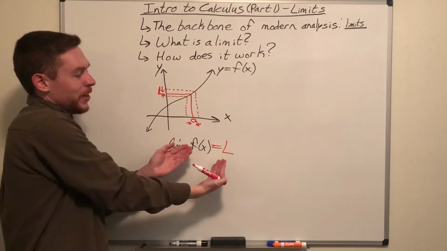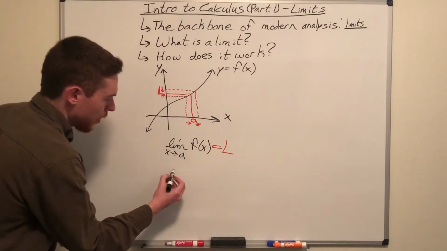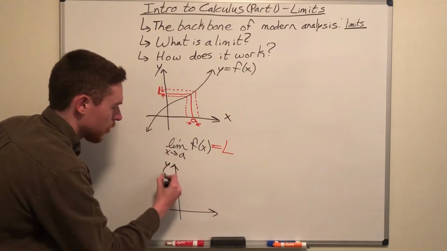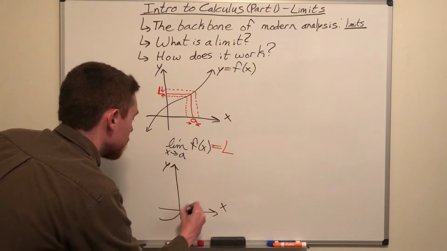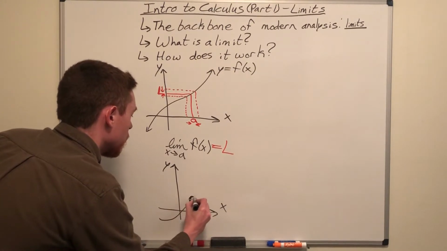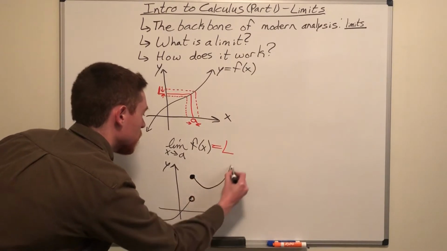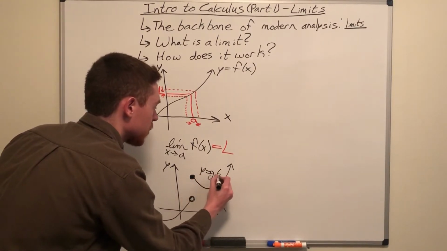And the outputs may not go to a certain number. So, for instance, imagine something like this. So let's say we have some function like this. So we have y equals g of x.